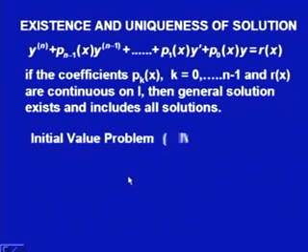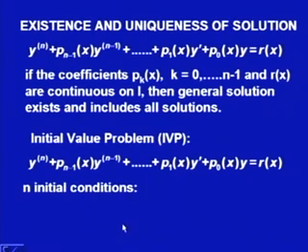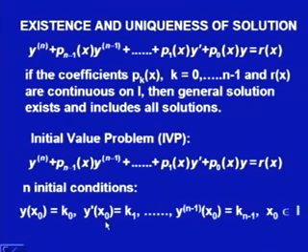What is the initial value problem of this one? The initial value problem consists of this non-homogeneous linear differential equation with n initial conditions. Those initial conditions are y(x_0) = k_0, y'(x_0) = k_1 and so on, y^(n-1)(x_0) = k_{n-1}, for some x_0 in that interval I where the functions are continuous.